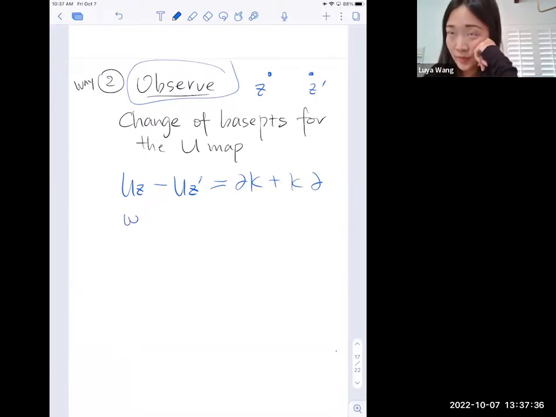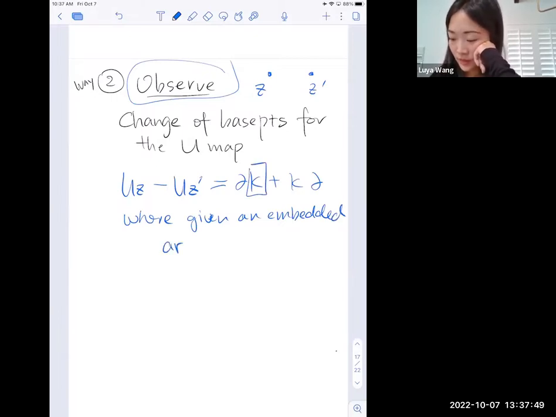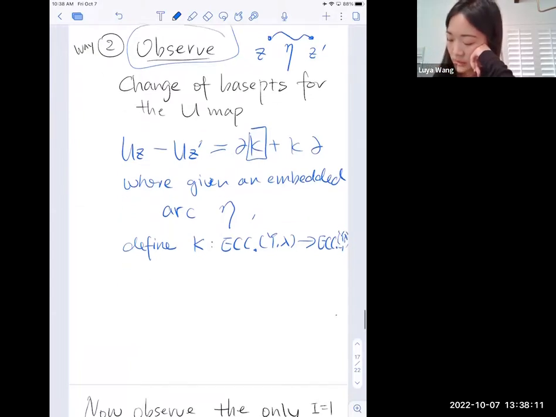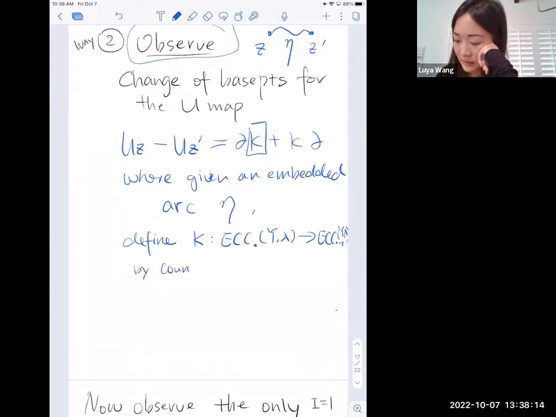So this is proven by considering, and I'm defining what this K is, given an embedded arc from Z to Z prime, which I call eta, we can define a chain map on the ECC complex by counting index 1 curves passing through eta.